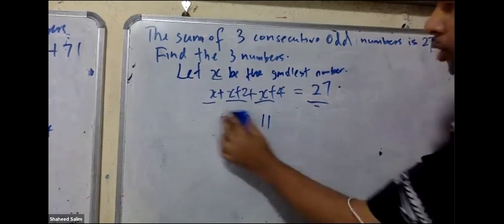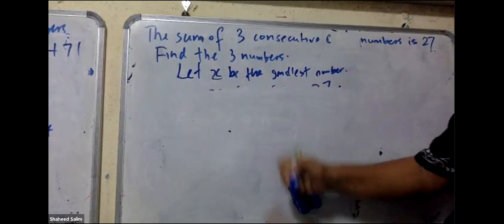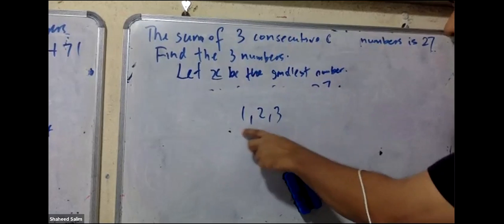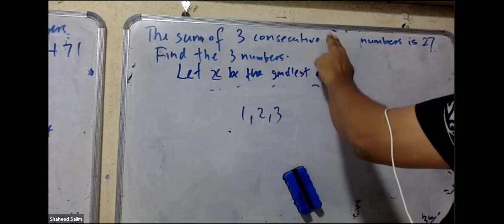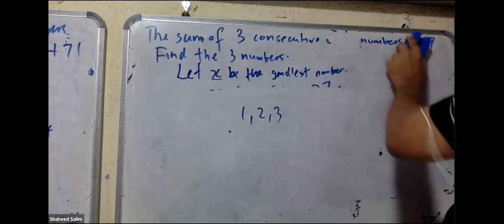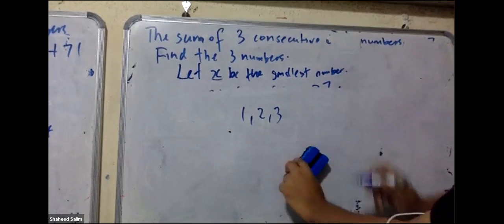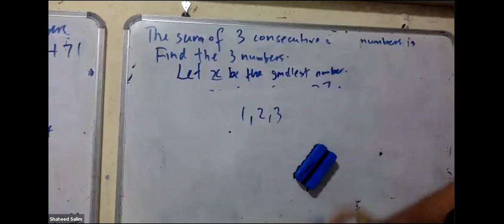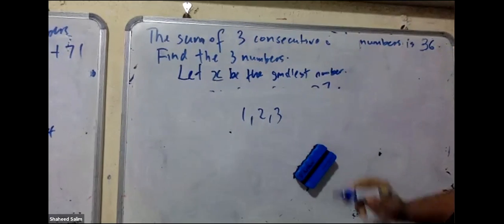Now I am going to remove the word odd. That means the three numbers are one after another: 1, 2, 3. Not plus 2, this is plus 1, then plus 2. The sum of three consecutive numbers is 36 still.